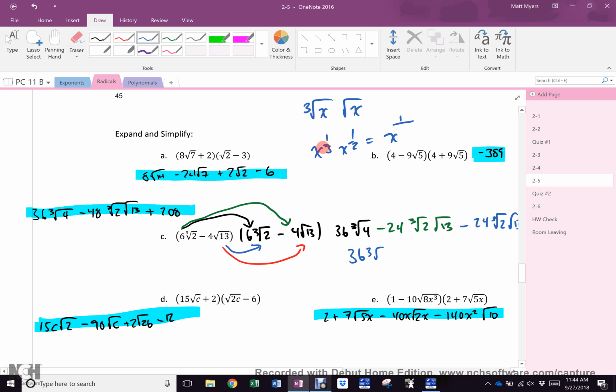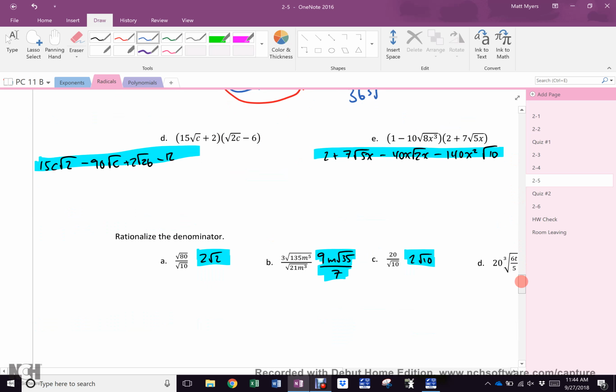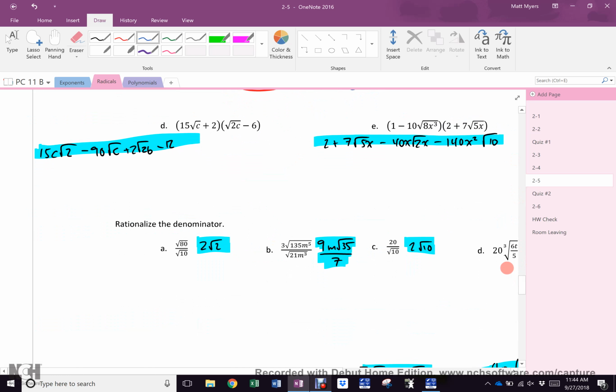So 2/6 and 3/6 is x to the 5/6, which would be the 6th root of x to the 5th. But you cannot do that here because you have different radicands. Yeah? Yeah.